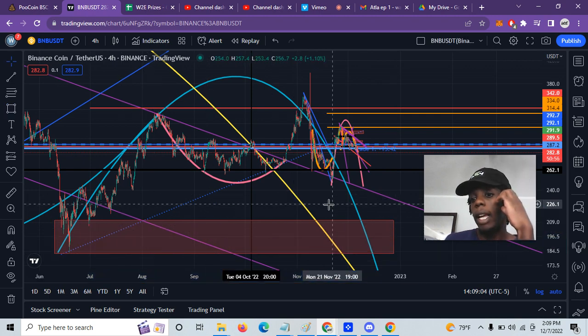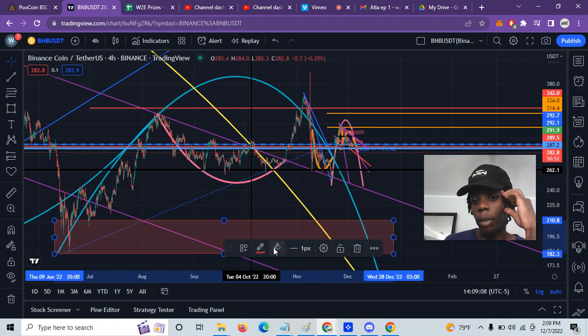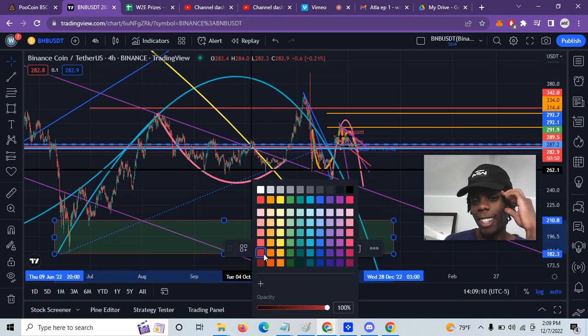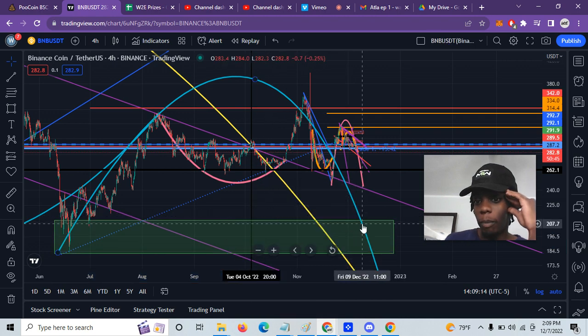This would be green actually, let me do that properly. I have like OCD. There you go. So this is a good zone, I think, in my eyes, to sell.